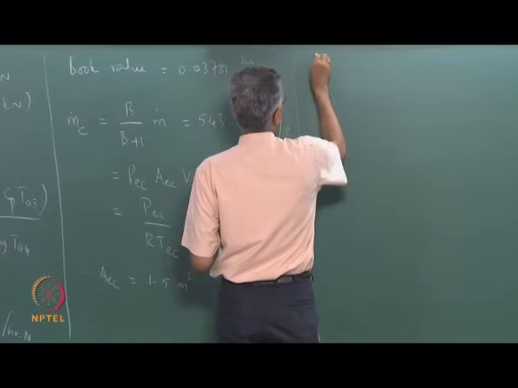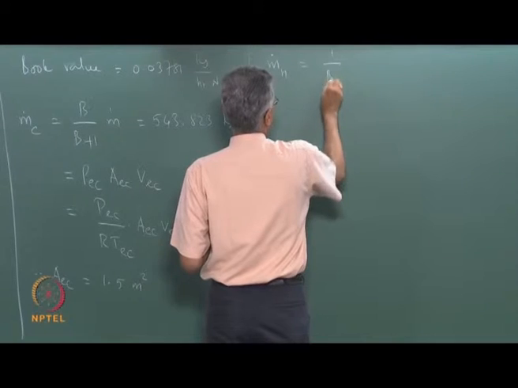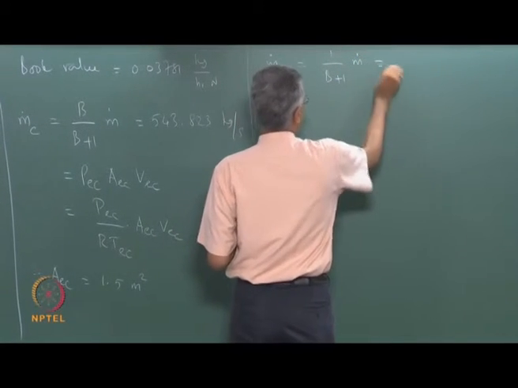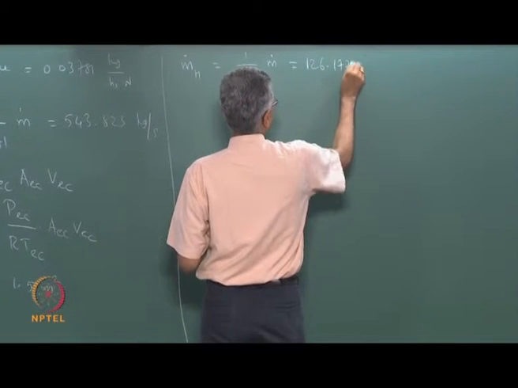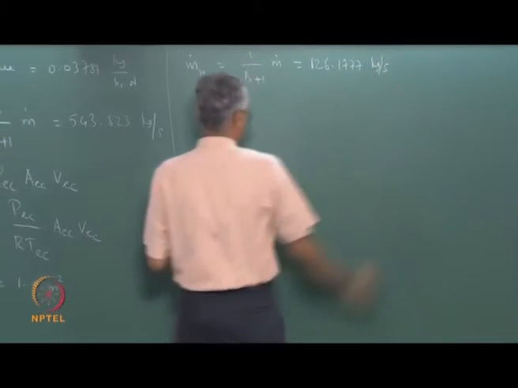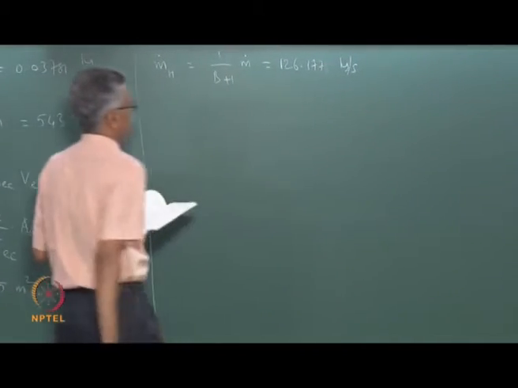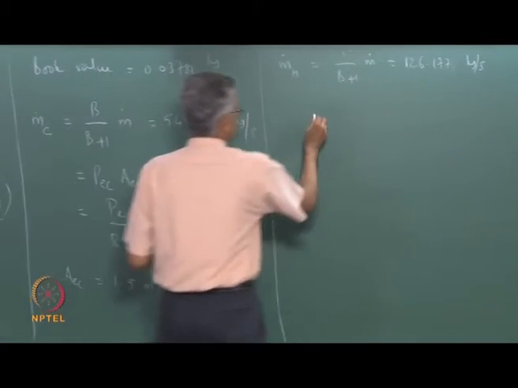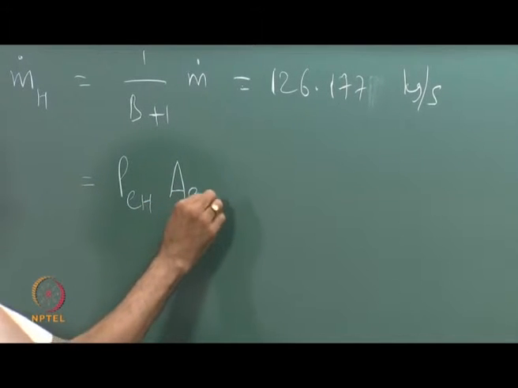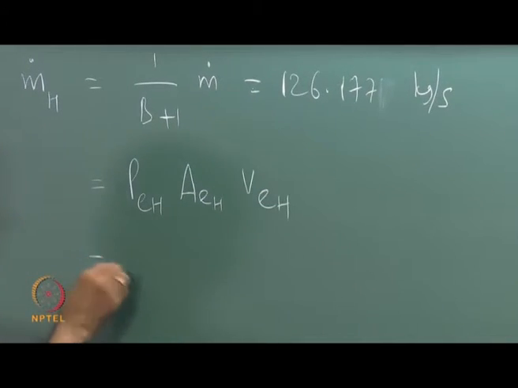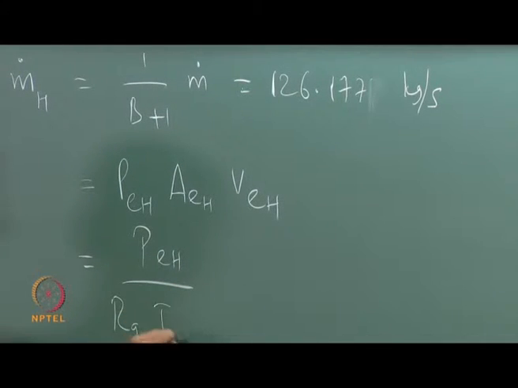In the same manner I can calculate the mass flow rate through the hot nozzle. So m dot h is equal to 1 over B plus 1 times m dot, which is about 126.177 kg per second. This is also equal to rho EH times AEH times VEH, or PEH divided by RG times TEH.